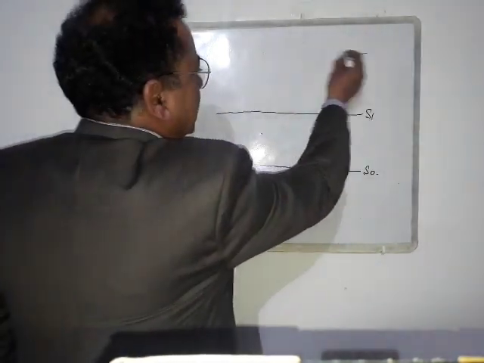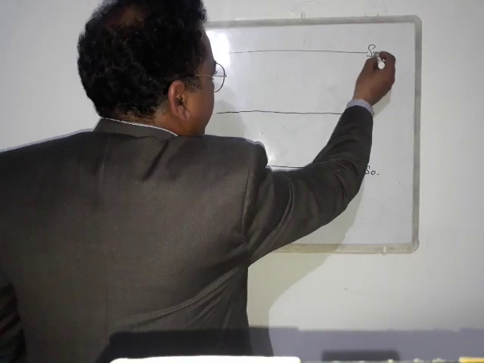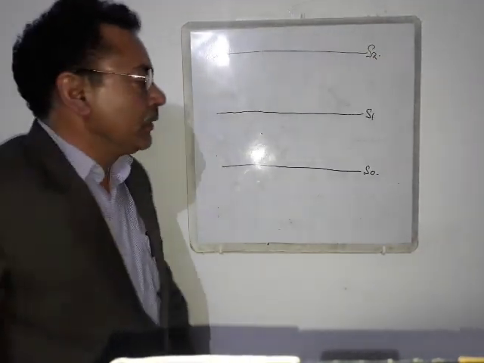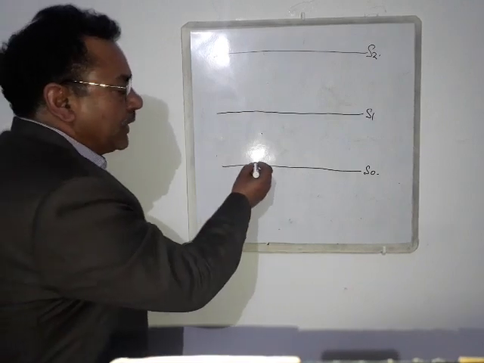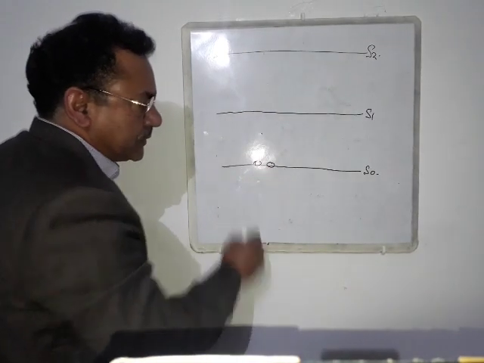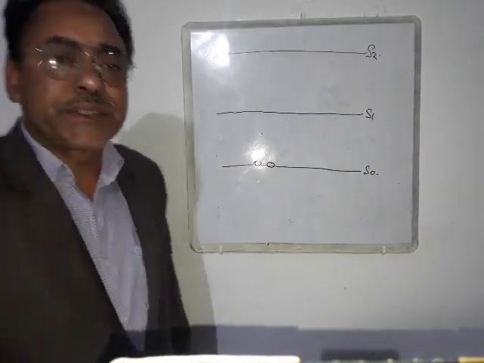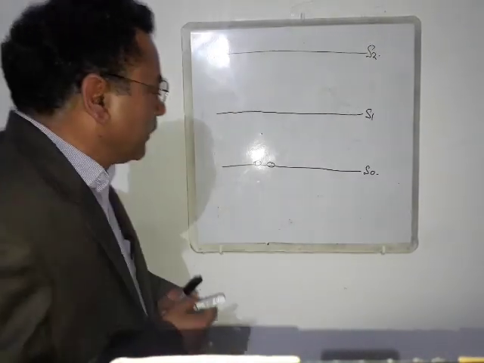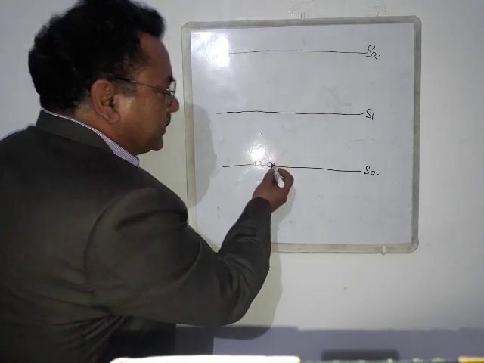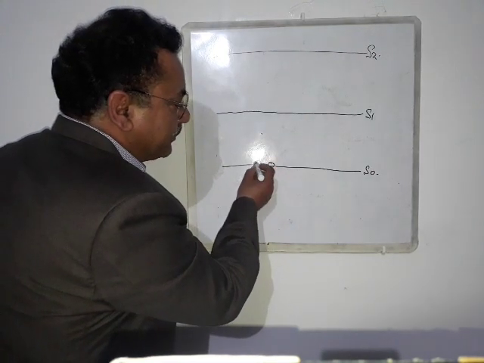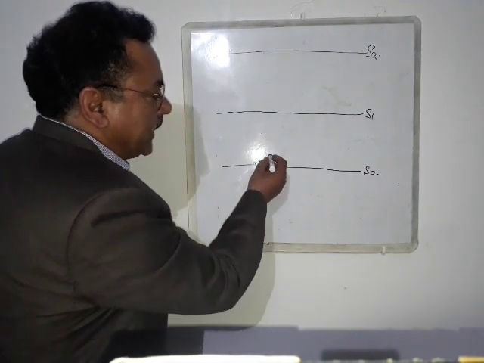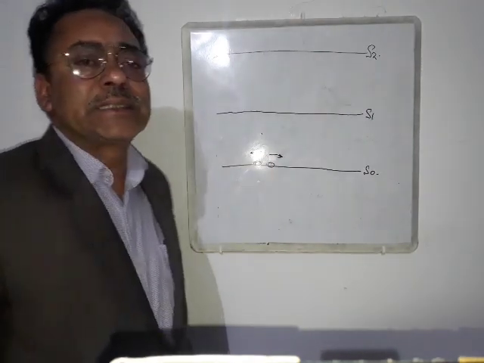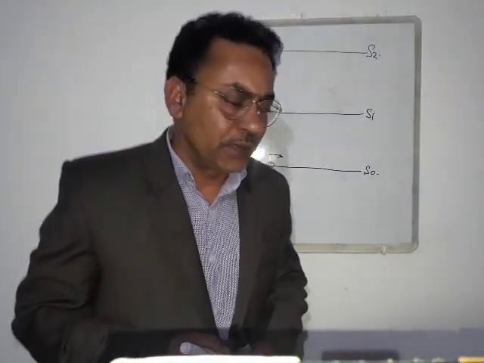There is still another, S2, the second excited singlet state. Suppose a chlorophyll molecule has 2 electrons in the ground state before it has absorbed any photon. These 2 electrons in S0 have opposite spins, that is, one has clockwise spin and the other has anti-clockwise spin.